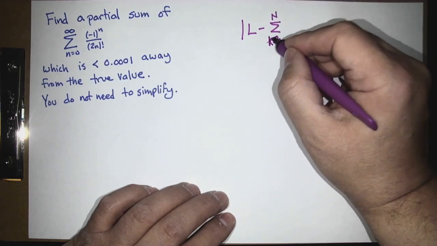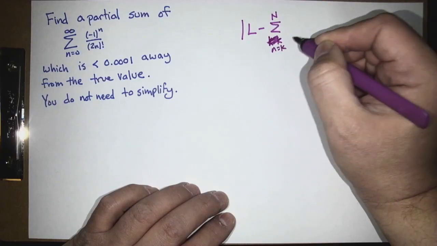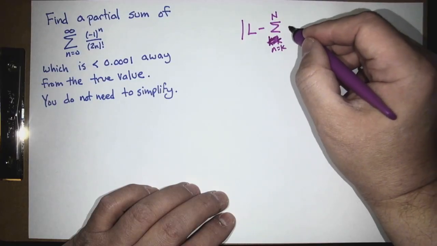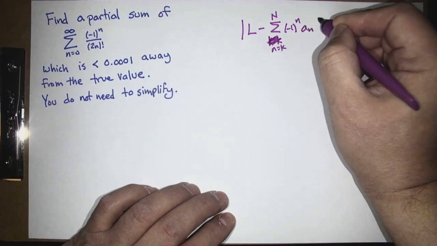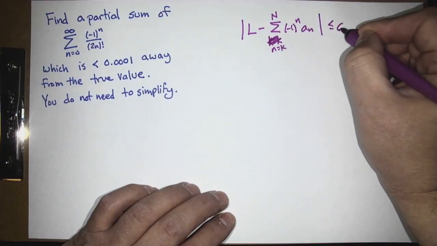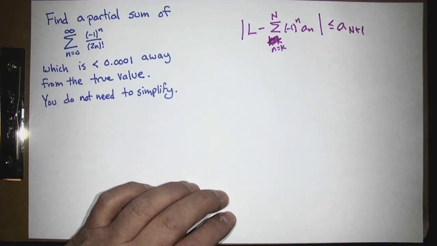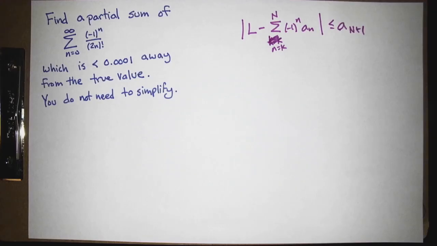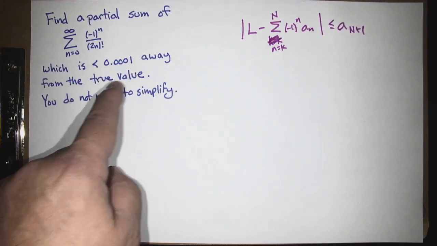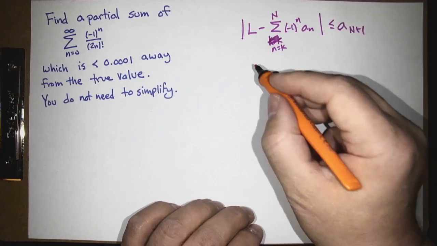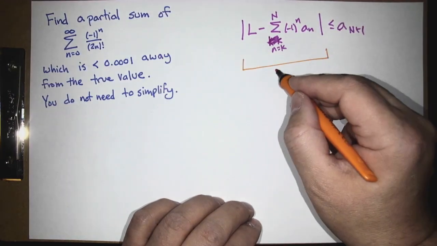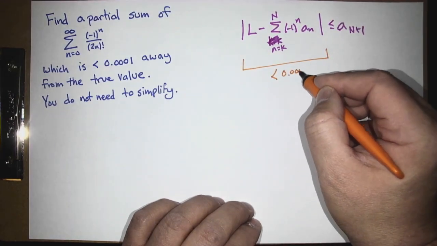The sum from n equals K up to capital N of -1 to the n, A sub n, the error is less than or equal to A sub n plus 1. Okay, so we want to be 0.0001 away from the true value. That says this part, we want this to be less than 0.0001.